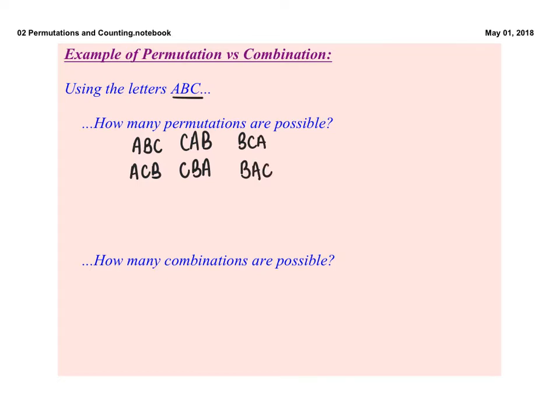So there's 6 total possible permutations. How many combinations? Well, A, B, and C, it's all the same letters. It doesn't matter how they're arranged, so there's only one combination. Now, I just want you to think about this for a minute. Notice how there's more permutations than there are combinations. If I just go back, you get a smaller number. So just think about that, okay?